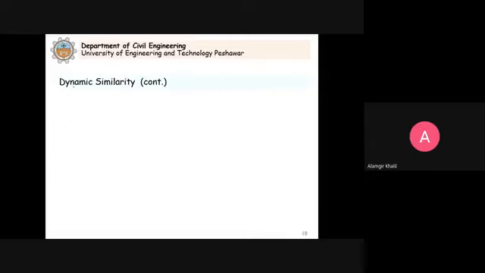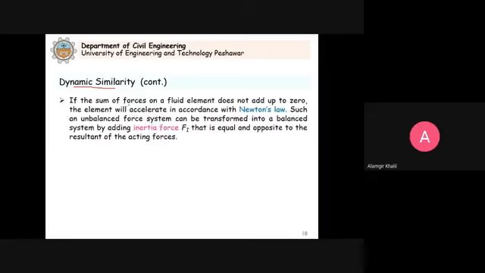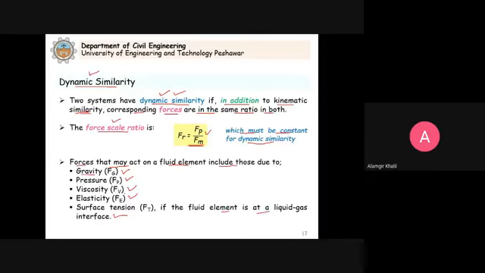Now we come to dynamic similarity, because if we have dynamic similarity, it will ensure the kinematic and geometric similarity. So that's why now our focus is coming to the forces. Now the forces that we just discussed, these are the common forces. Remember, as I say, there can be other forces also.